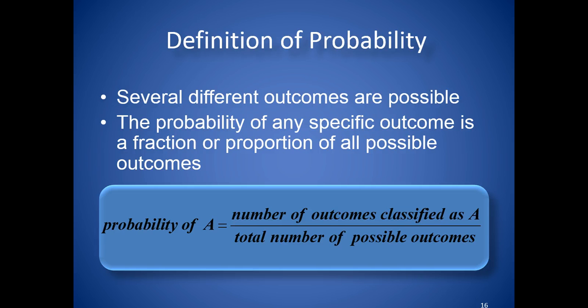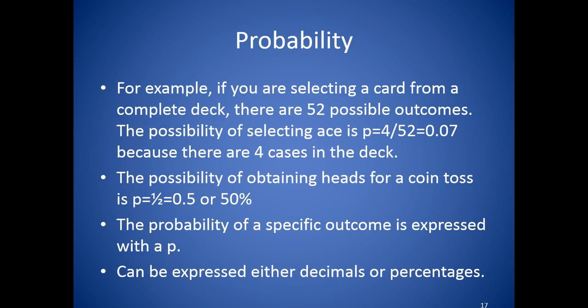Now, the definition of probability is quite simple. The probability of A means the number of outcomes that we classify as A, divided by the total number of possible outcomes. For example, if you're selecting a card from a complete deck, there are 52 possible outcomes.